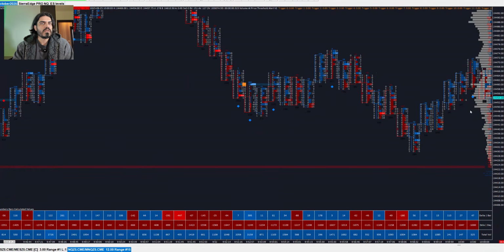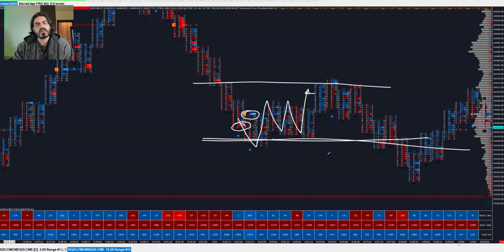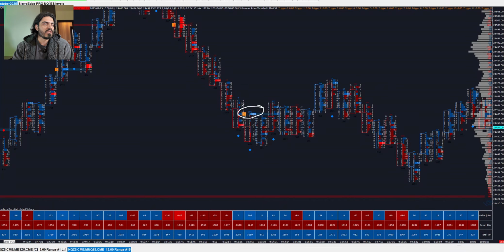So when we come down into this area, what I want to do for confirmation is wait for someone to get trapped or a big buyer to come in and then start rotating and actually holding the bid from that area, and then I can look to try to get long at the bottoms of those rotations. So the issue that I had with this is I saw this massive buyer. When you have a buyer this big here on NASDAQ, 535, positive delta, that's huge.